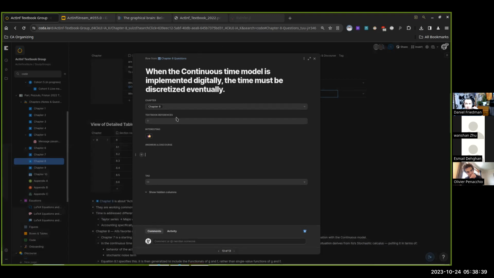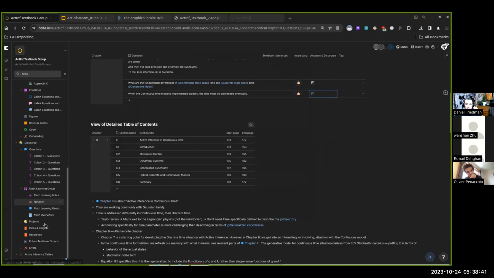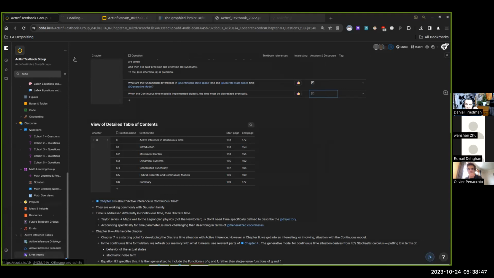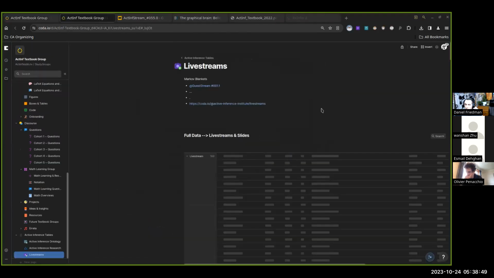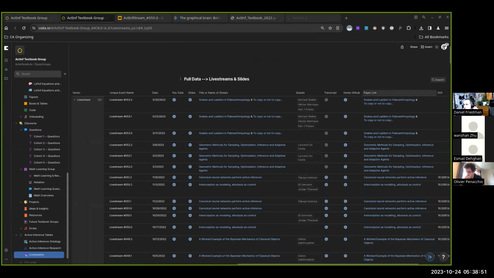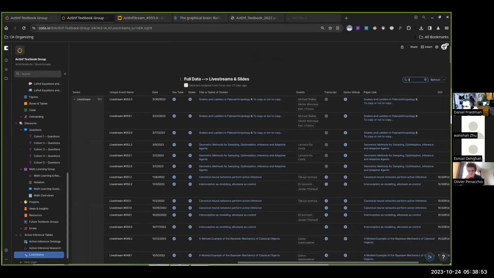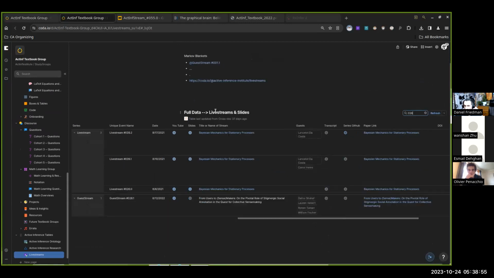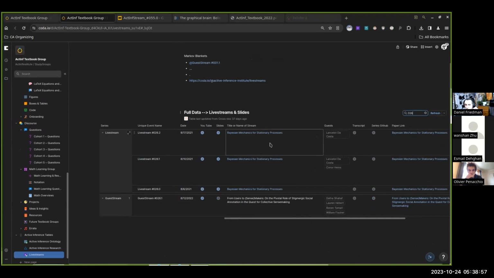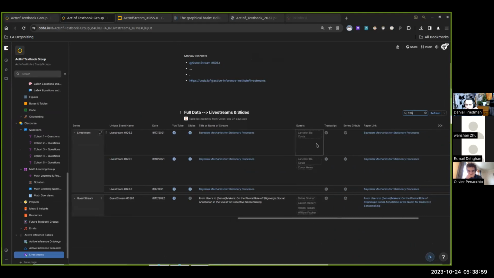Lance DaCosta is one of the researchers who has, I think, expanded on this some of the most. In 26, Bayesian mechanics for stationary processes, here's where there was the discussion of the non-stationary steady states, stationary and non-stationary steady states in the generalized coordinate settings.